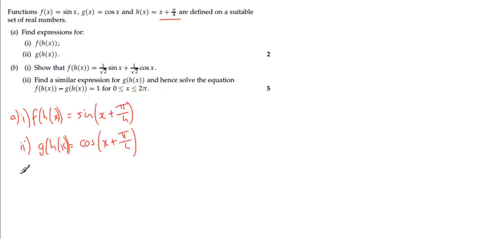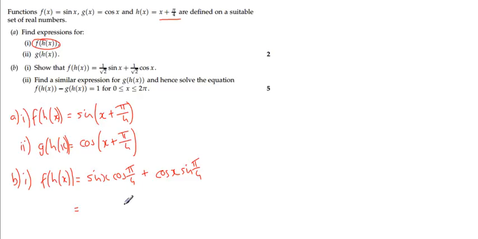Okay, for B part 1, we have to show that f of h of x, so that first expression we did, is equal to 1 over root 2 sine x plus 1 over root 2 cos x. So f of h of x is equal to sine of x plus pi over 4, which we know we can expand to sine x cos pi over 4 plus cos x sine pi over 4.